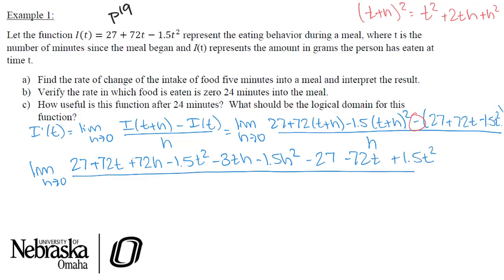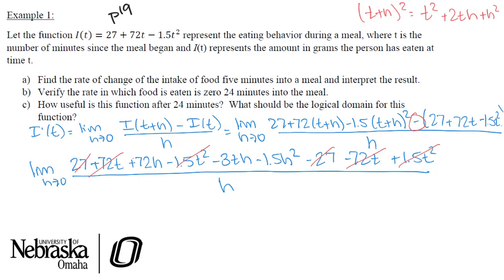This is long, so at this point we are really hoping that some things start canceling out, and it looks like they do. The 27s cancel out. We have a negative 1.5t squared and a positive 1.5t squared. Plus 72t minus 72t, and it looks like that's about it.